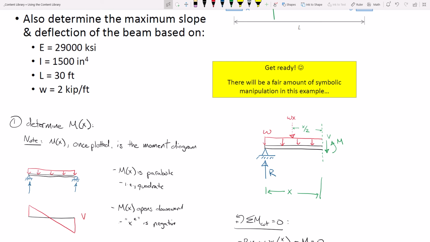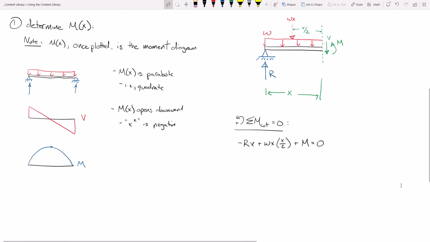If I rearrange this a little bit, I get M is Rx minus W over 2 x squared. Does that look right so far? Is that a quadratic? Yeah. Is the x squared term negative? Yeah. So far, this is looking good.